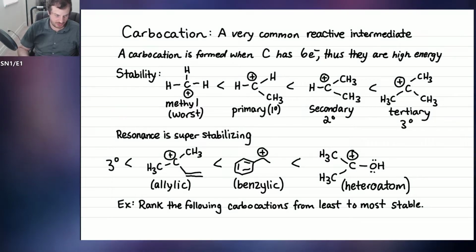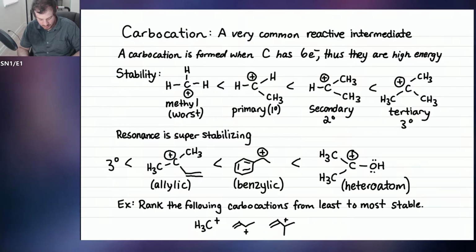Okay, so let's do methyl. This one here. Right there. Okay, there's 5 carbocations. Let's rank them from 1 being the least stable and 5 being the most stable. If you want to try this on your own, go ahead and pause.